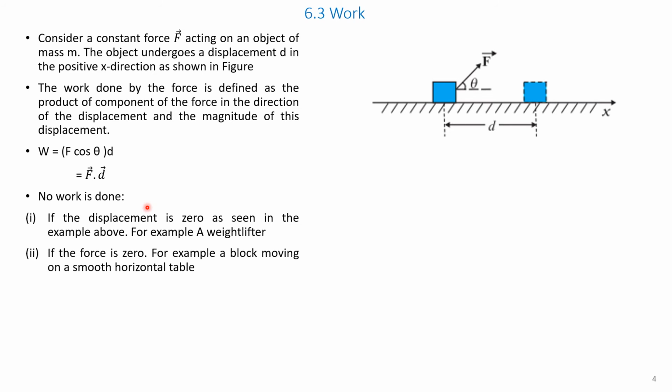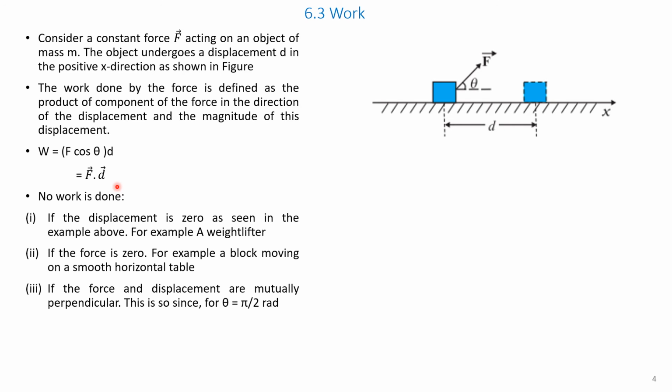Then the next case is if the force F is 0, no work is done. For example, a block moving on a smooth horizontal table does not do any work because it is not acted upon by a horizontal force.